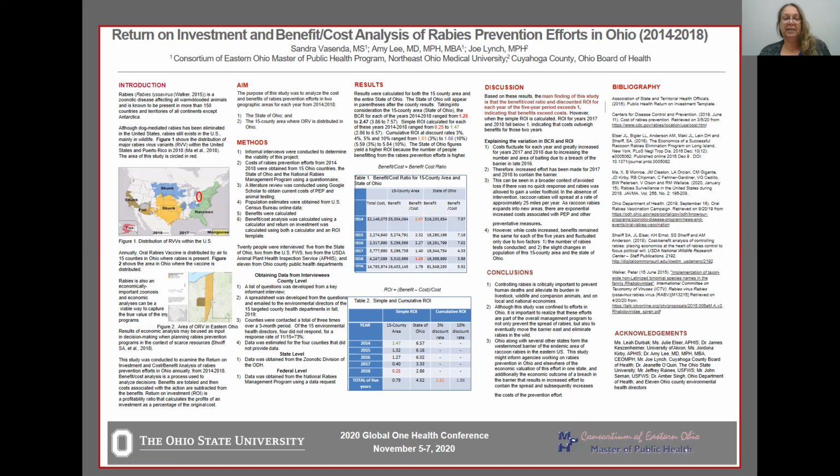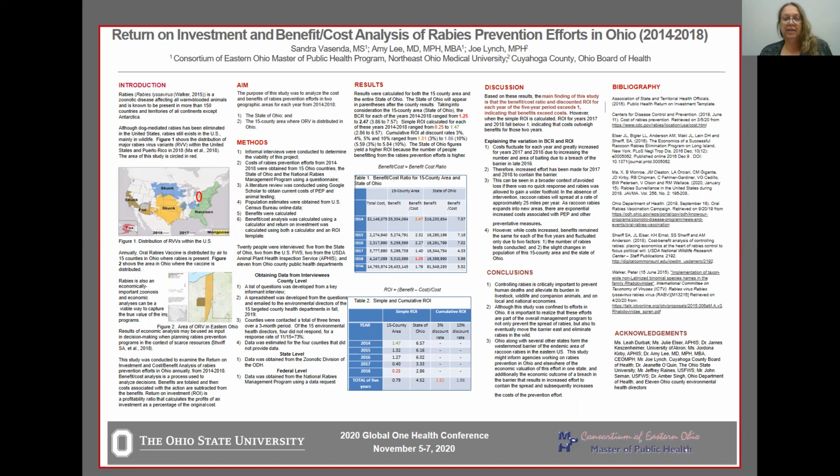Methods. To accomplish this, I collected cost data from 3 sources: the 15 counties, the state of Ohio, and the National Rabies Management Program. I developed a questionnaire to collect the data and created a spreadsheet that was sent to all the counties.